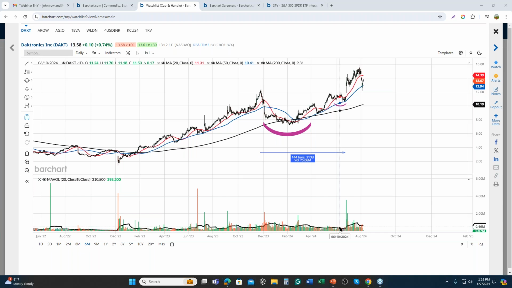Now on the breakout from the handle, that's where we usually see that significant increase in volume. So when we start thinking about what would be a significant increase, I think we want to think about something like 2 or 3x of what would be the lowest volume in our bottoming action.